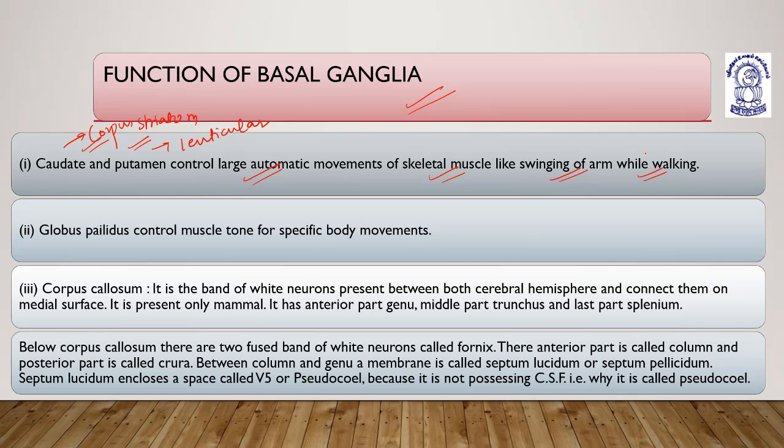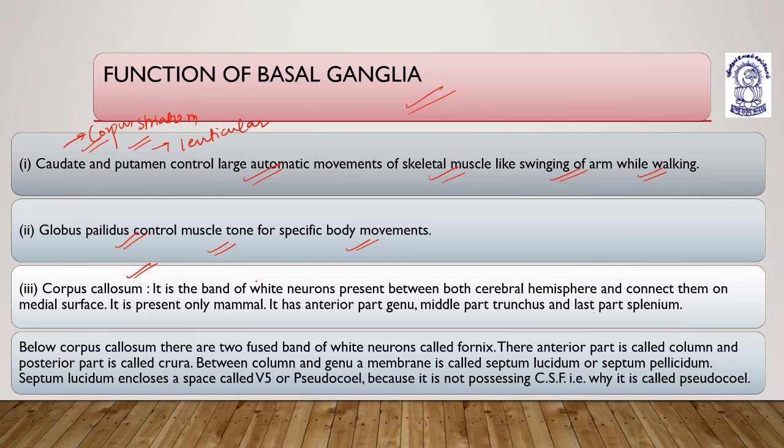Globus pallidus controls muscle tone and specific body movements.